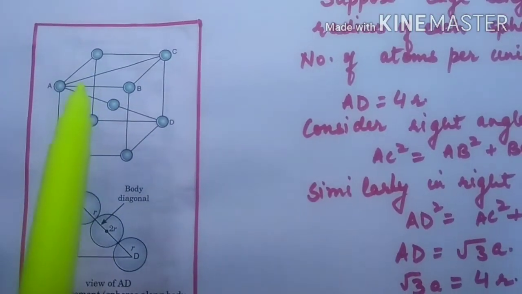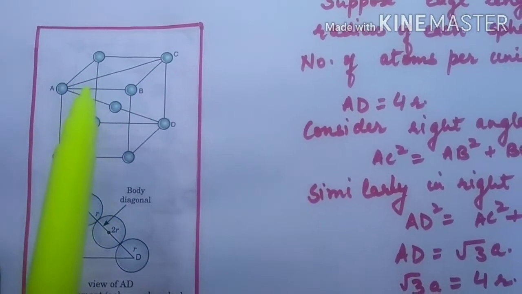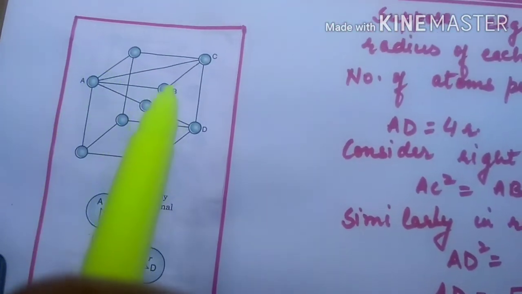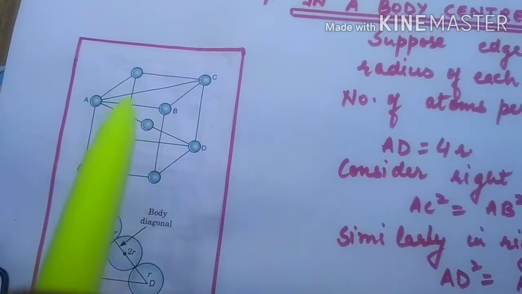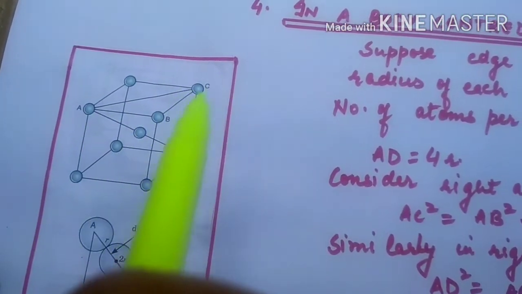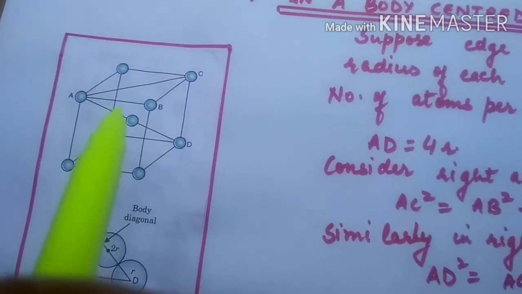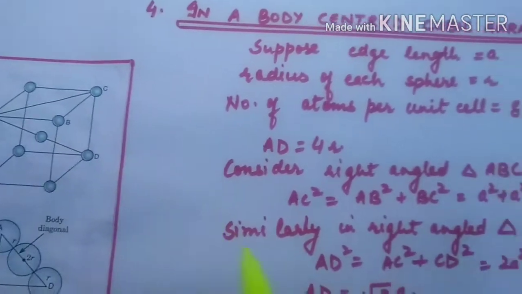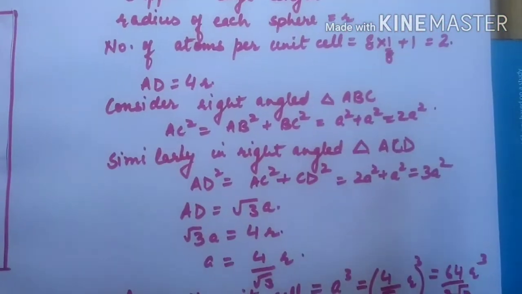To find out the value of AD in terms of A, first we will consider this right angle triangle ABC. Here AC square is equal to AB square plus BC square. So AC square is equal to A square plus A square, so AC square is equal to 2A square.